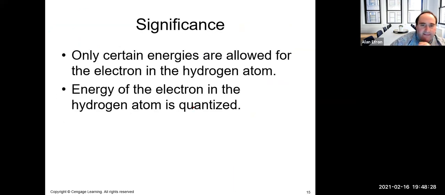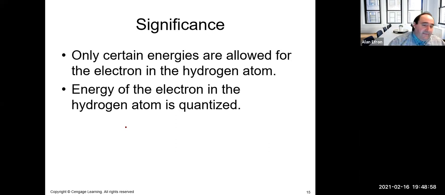Okay. So the significance of what we've been talking about is the idea that really only certain energies are allowed, as the electron in the hydrogen atom transitions. So the hydrogen electron will either be on the first energy level, maybe it gets to the second energy level, maybe it's allowed to go from the first to the fourth energy level.